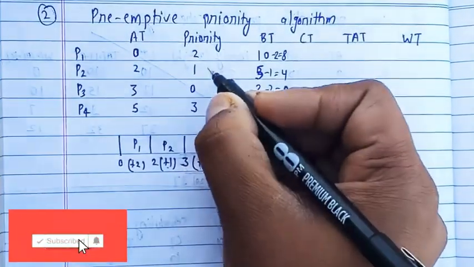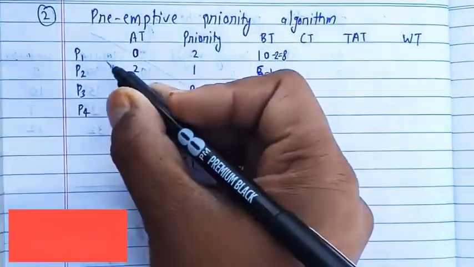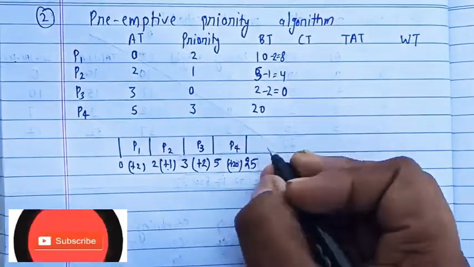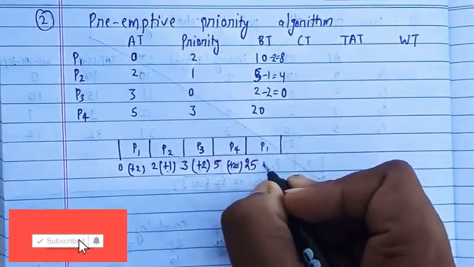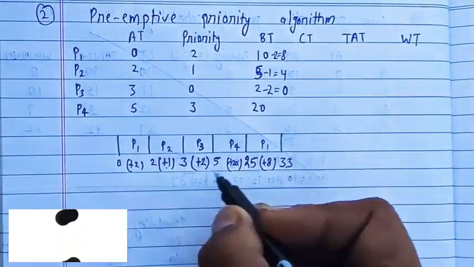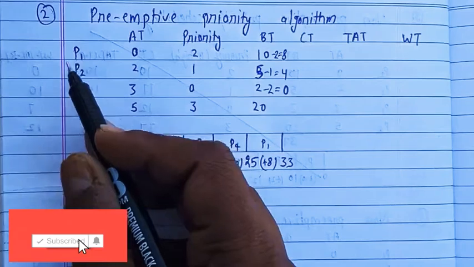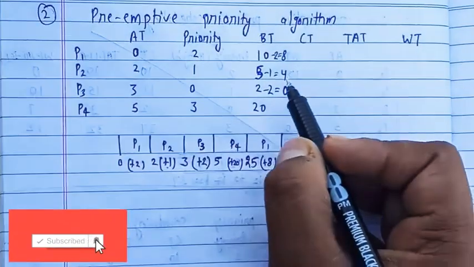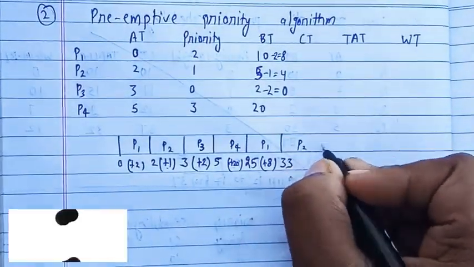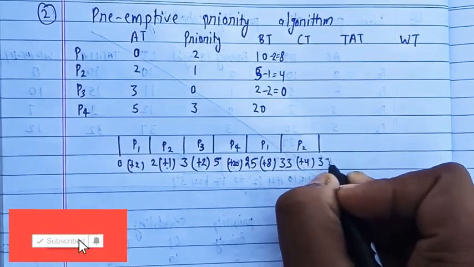Now after it, who is next? Process P1 has the highest priority, so P1 is carried out for 8 units, so 25 plus 8 is 33. Now the one remaining process is P2, so P2 is carried out for 4 units, so the final answer is 37.